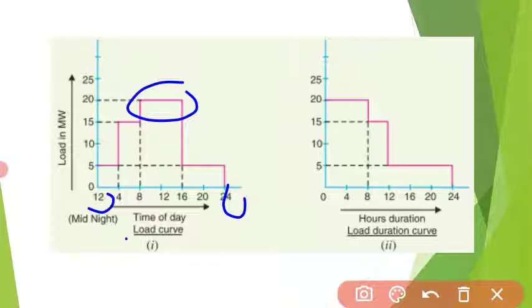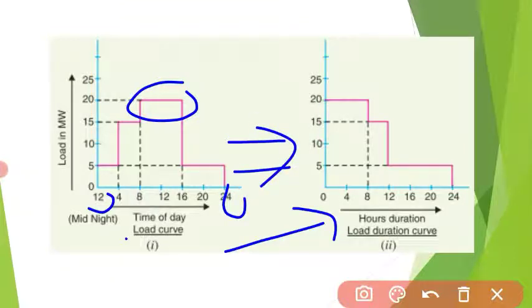And the load duration curve is plotted with respect to 0 hours to 24 hours. It gives an idea about how many hours the maximum, meaning the peak power, is generated, and for what duration.